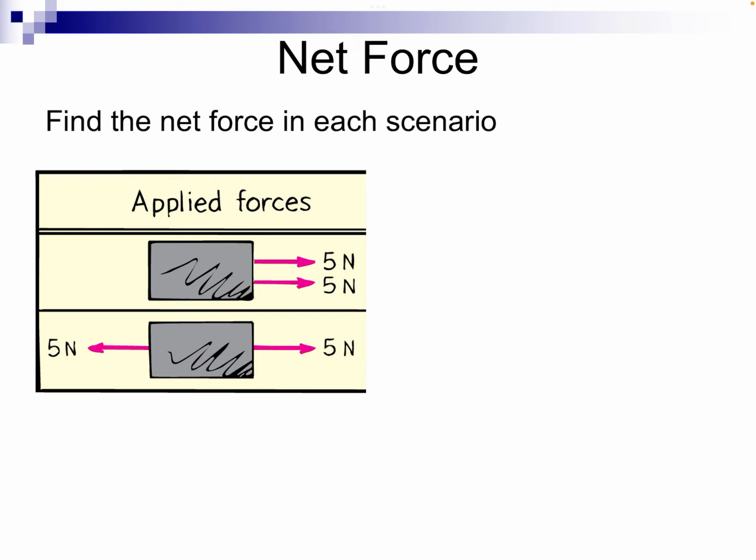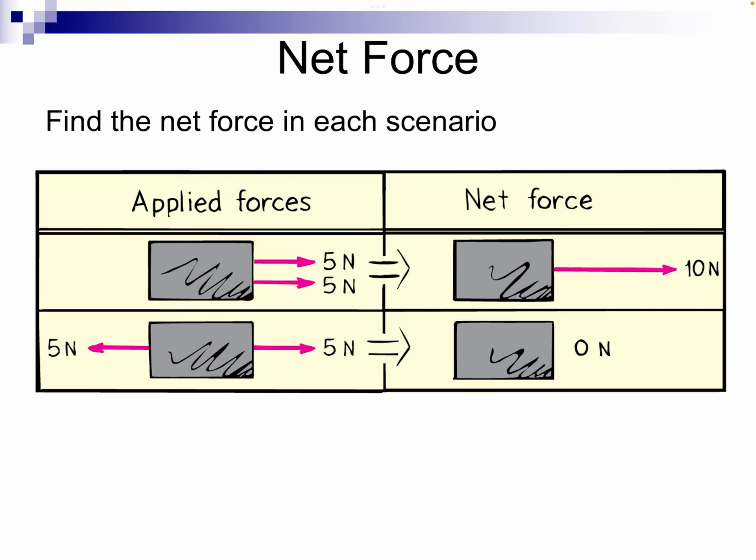Right? So we've learned that if the two forces or two vectors are pointing in the same direction, we sort of add the two vectors together, and hence in the first scenario you have a net force of 10 newtons. The direction, of course, follows the direction of those two forces you've added.